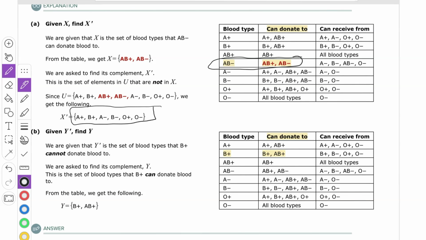And then again, given Y prime, you find Y. So you go to where B positive is, and because you were given that the set for that B positive cannot donate blood to, then you pick the two where you can donate to, and that would be your ending set.